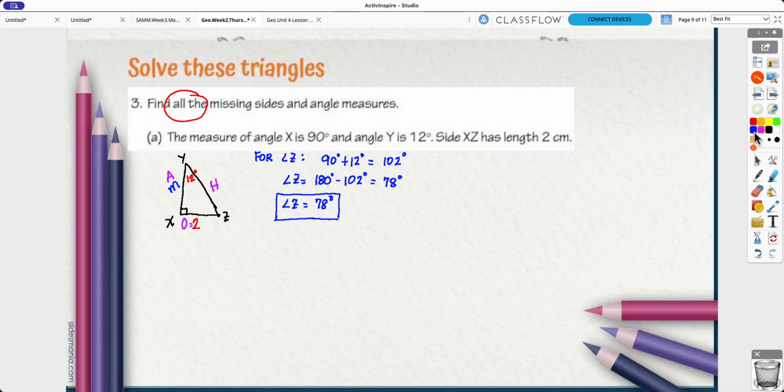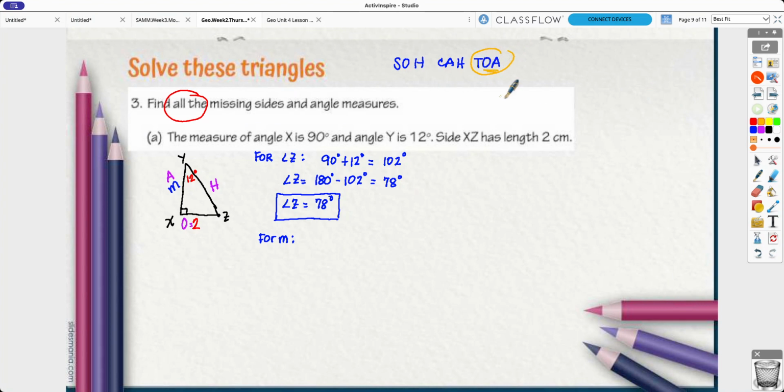Okay, so since we're solving for M, right down here, for M, M is the A, and we are given the O. So in your SOHCAHTOA, which trigonometric ratio uses O and A? That is the TOA, right?